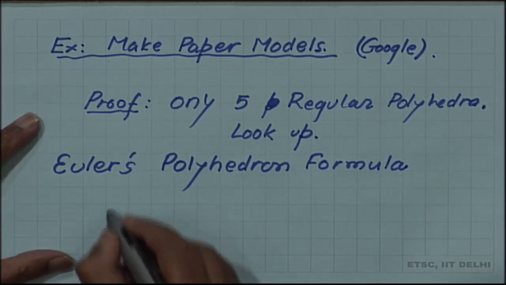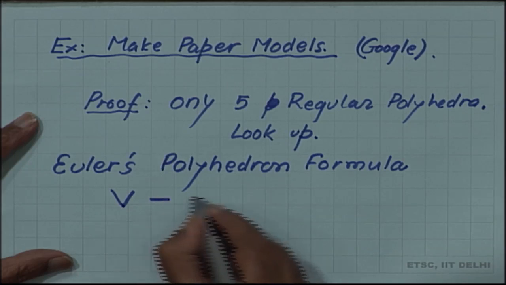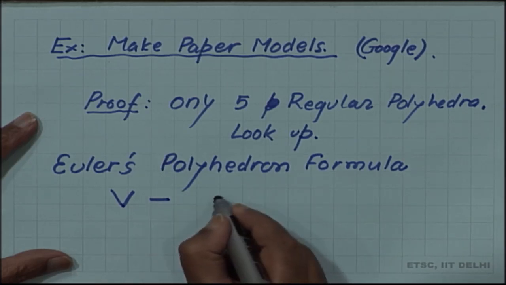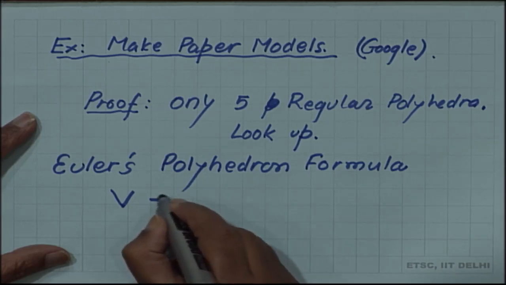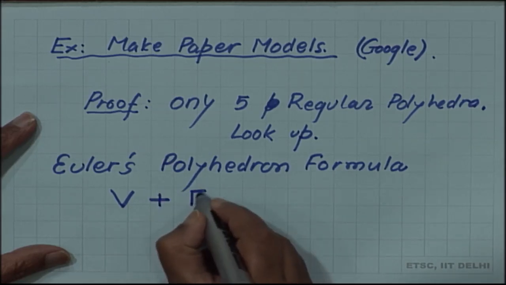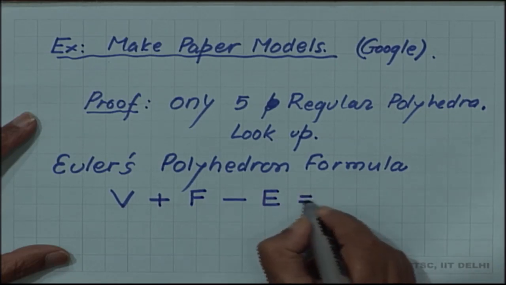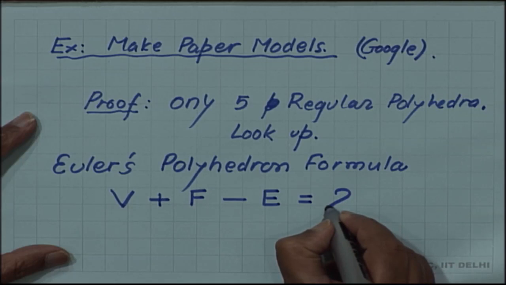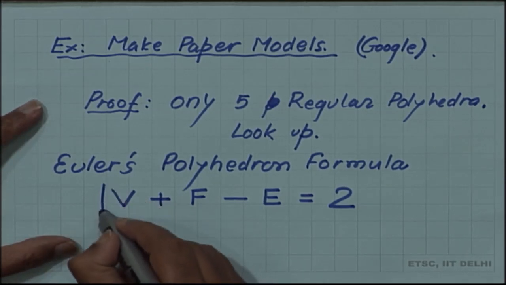Euler's polyhedron formula: the number of vertices plus the number of faces minus the number of edges is equal to 2.